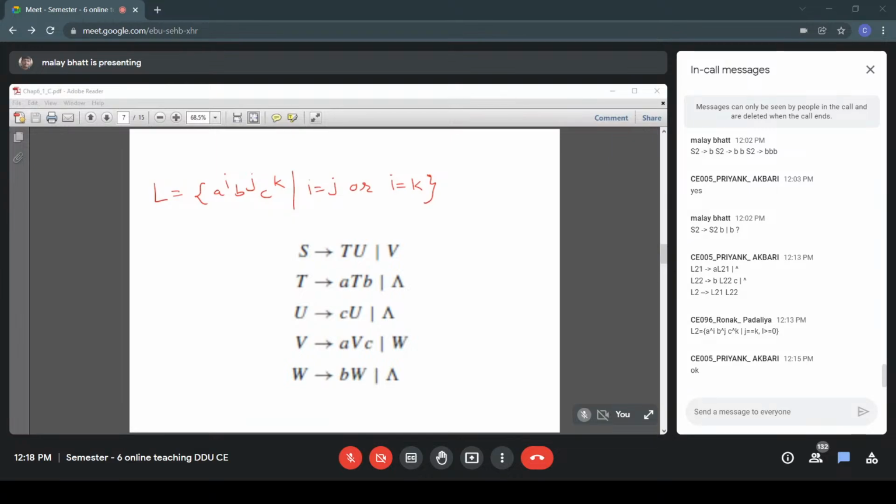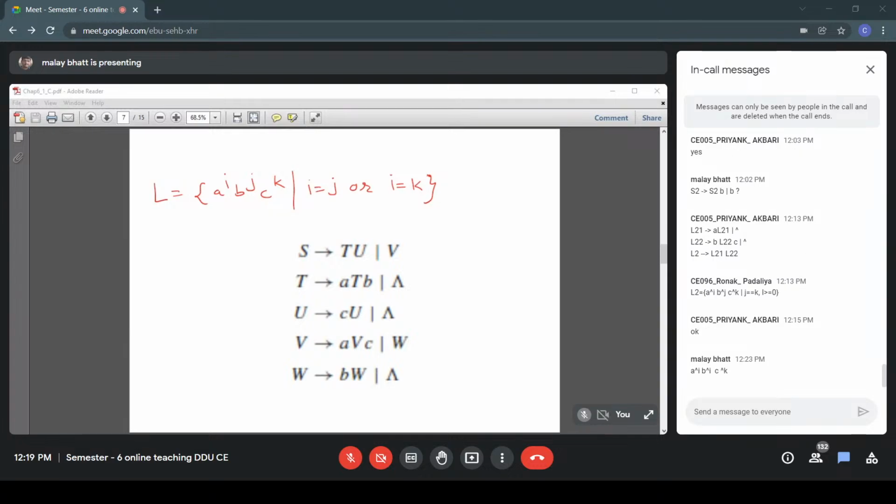Here it is a different example, i equal to j or i equal to k. Or if you want to solve in our own way, we can also solve like S11, S12, which is more preferable over this. So we'll solve our own way also, a raised to i and b raised to i, and j are equal, and c raised to k. If we solve like this, a raised to i, b raised to i, and c raised to k, because i equal to j.